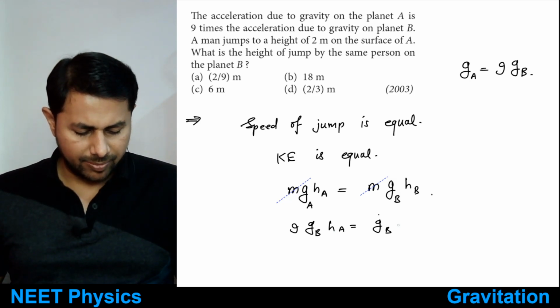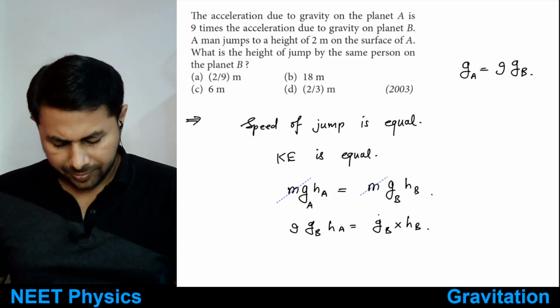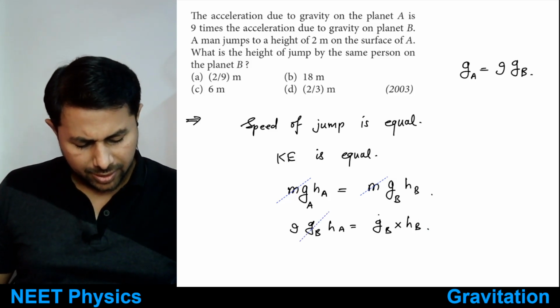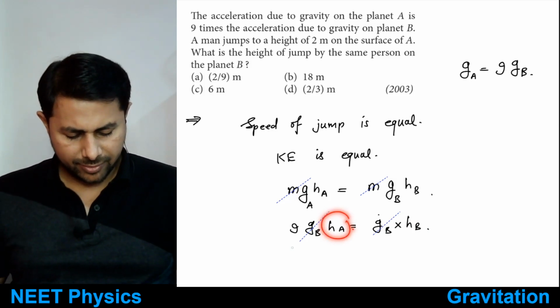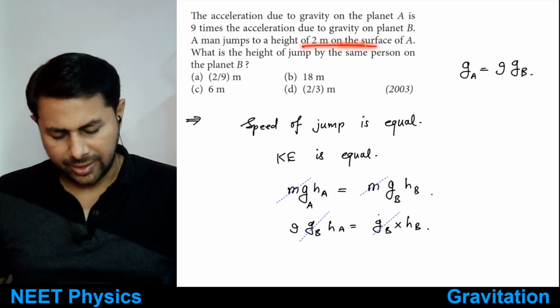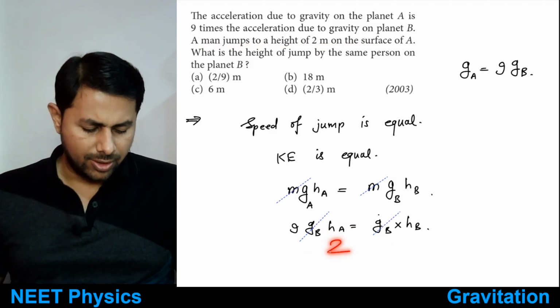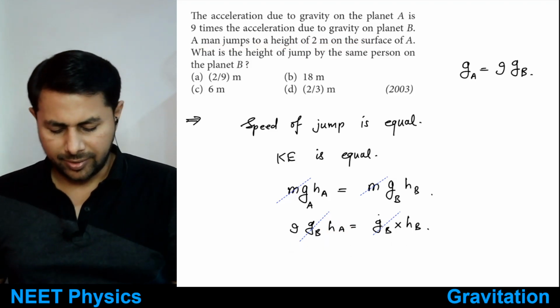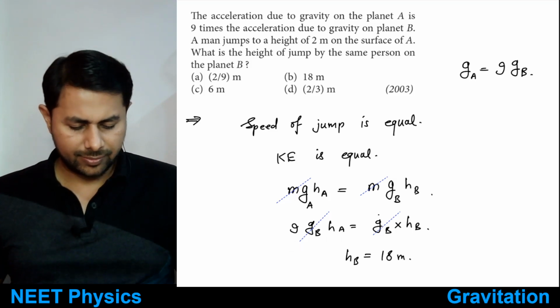You have g_b multiplied by h_b. So g_b and g_b get cancelled out. You want height at a, so move that 9 to that side. The man jumps to a height of 2 meters at a, so put 2 times 9 is 18. So h_b would be equal to 18 meters. That's the answer.